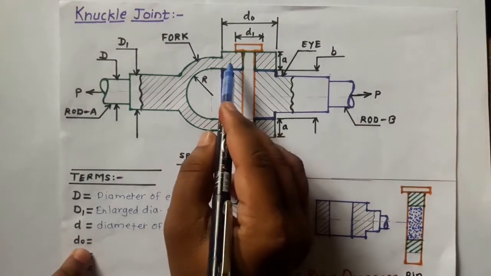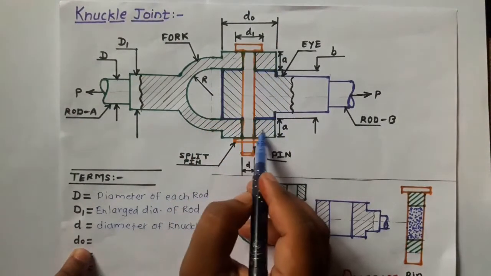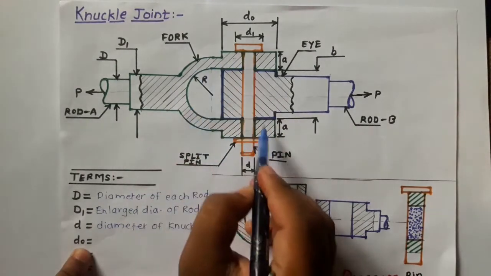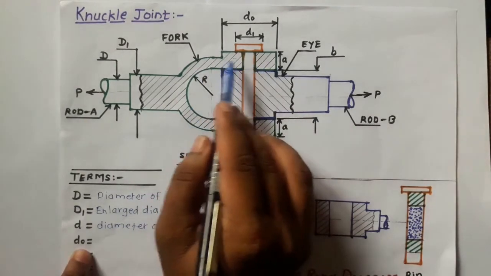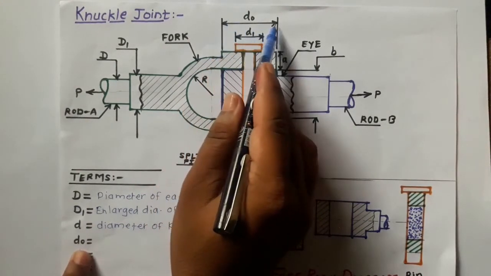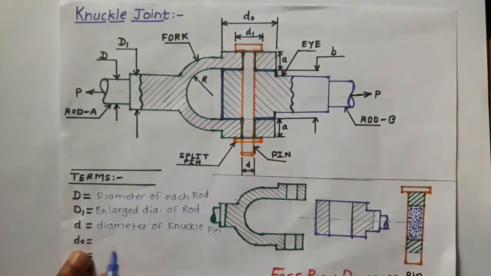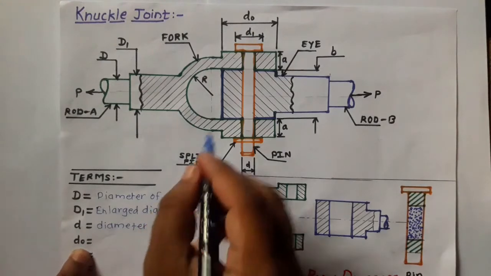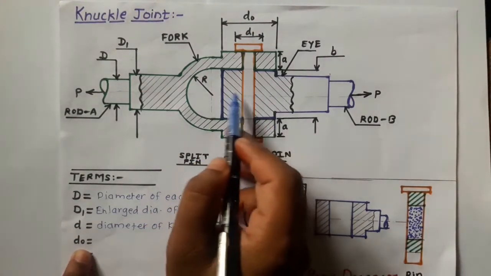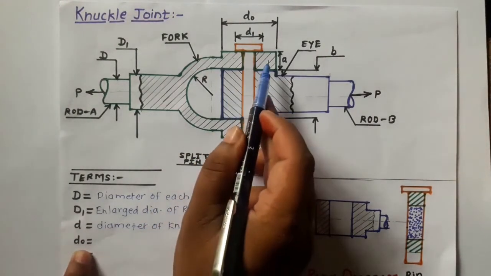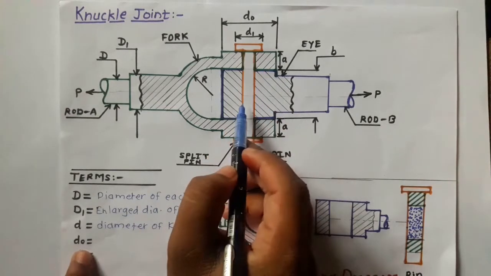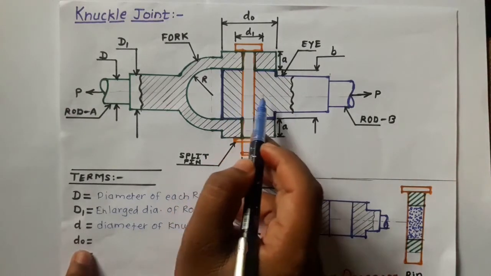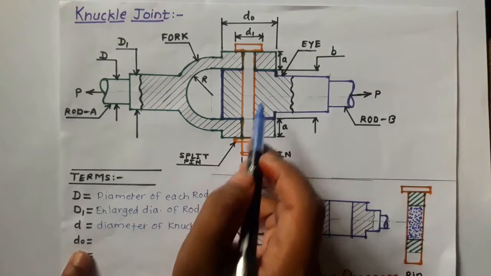As I explained, this fork has two ends which have a feature like a hollow cylinder, so it has an outer diameter denoted by do. So we can write here do as the outside diameter of the fork end. The eye end also has the same feature as that of the fork. That means the eye also has an end feature like a hollow cylinder, so it also has an outer diameter.